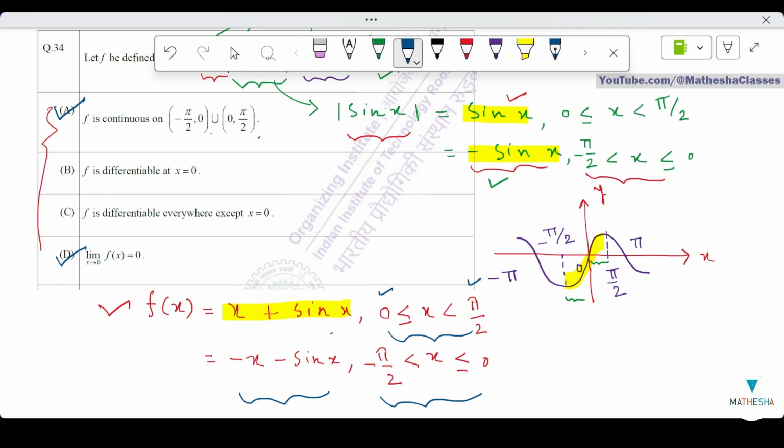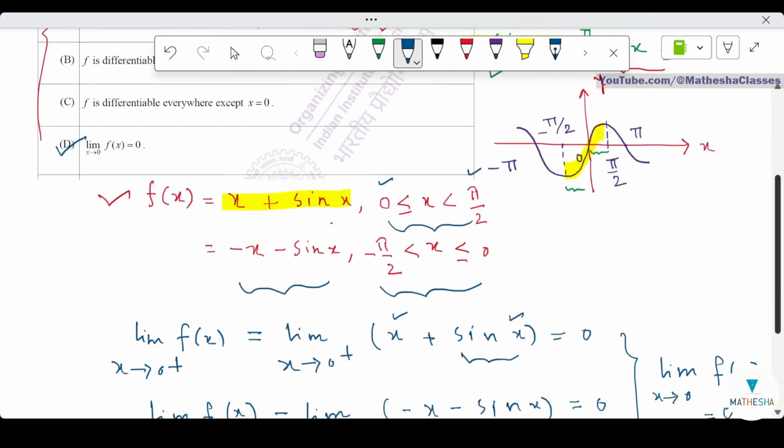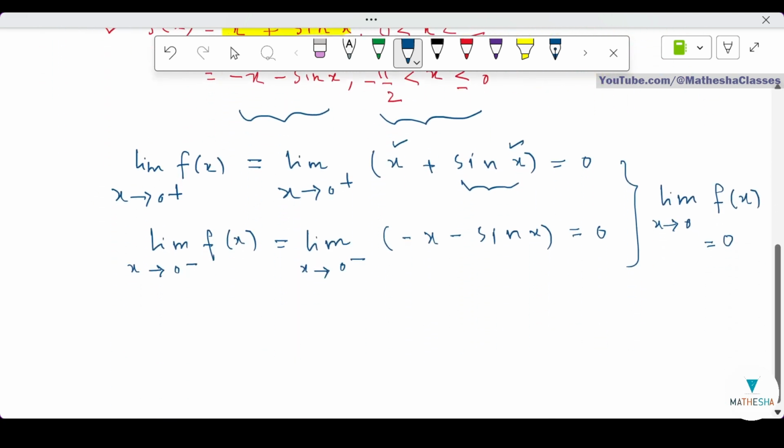Okay. So now let us check the differentiability of f at 0, whether f is differentiable at 0 or not. We are supposed to check whether f has a right hand derivative at 0 and a left hand derivative at 0 and whether they are equal or not.